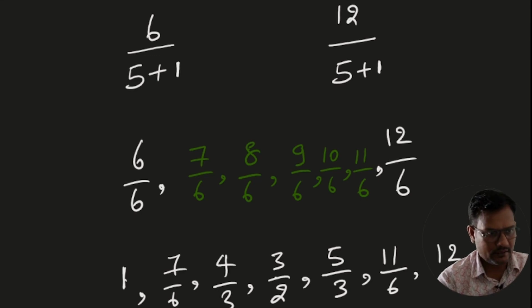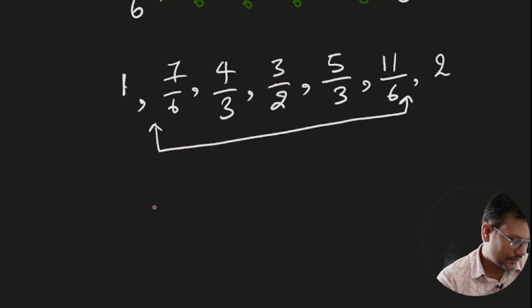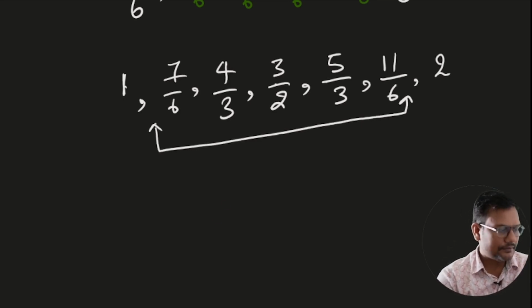Last one is 2. We have found 5 rational numbers between 1 and 2, right? Now you would have observed we can find more rational numbers between 1 and 2.